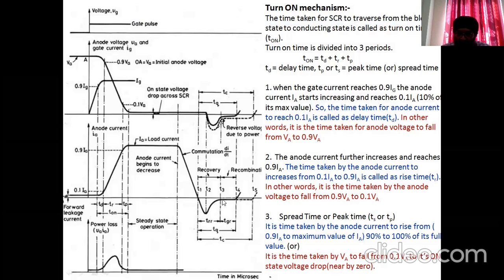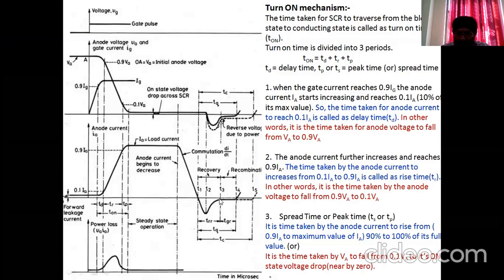Here the charge carriers are recombined and settle down. All these minority charge carriers take some time to recombine. That time taken for recombination of these charge carriers is called reverse recovery time, same as in a diode.